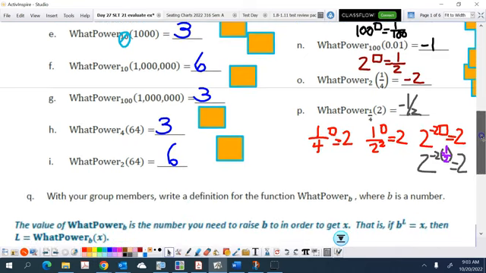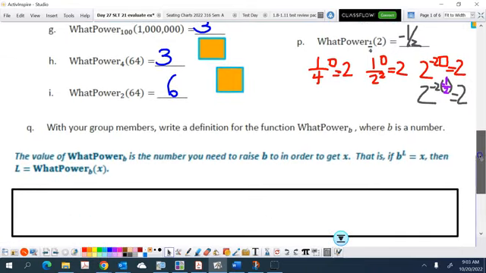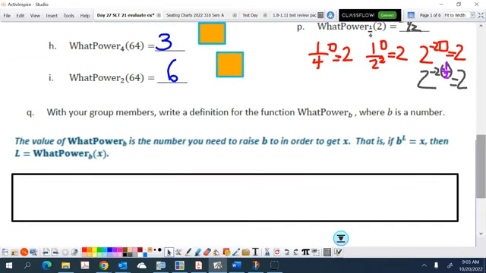For letter Q, you're to describe what went on with our experiment with what power. You should write down, hit pause, and say the value of what power base B is the number you need to raise base B to in order to get X as an answer.